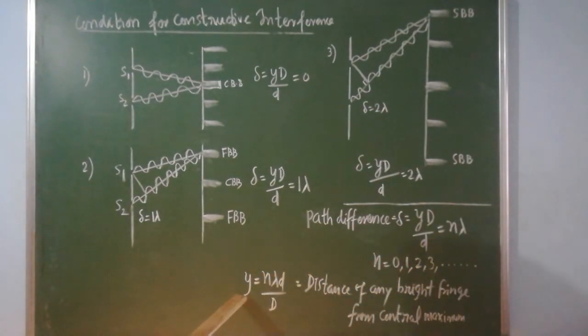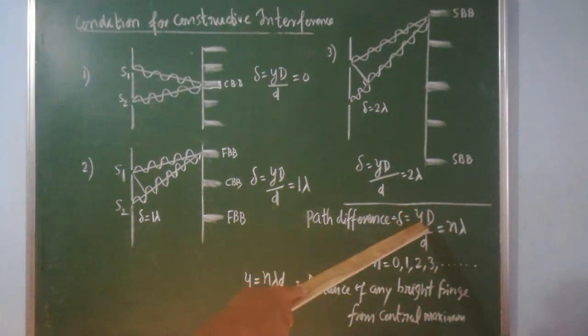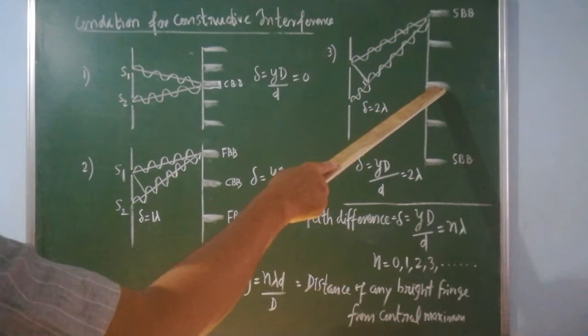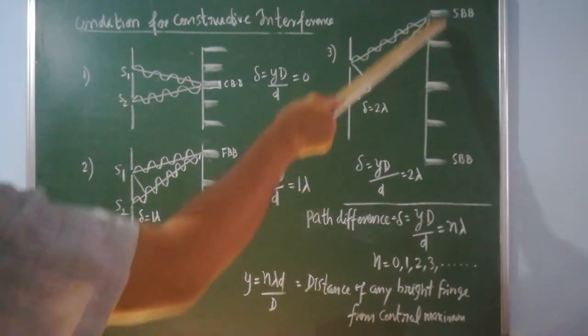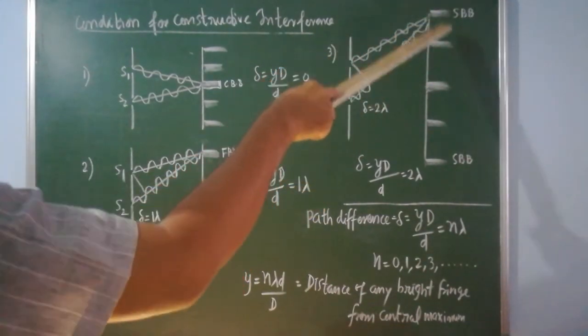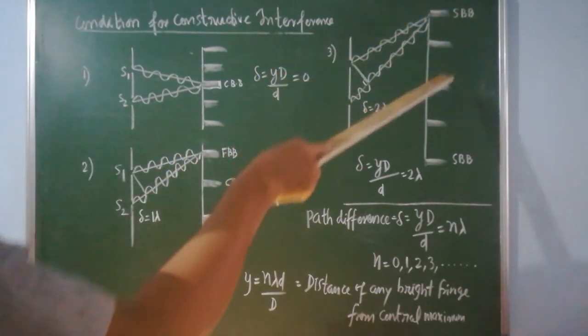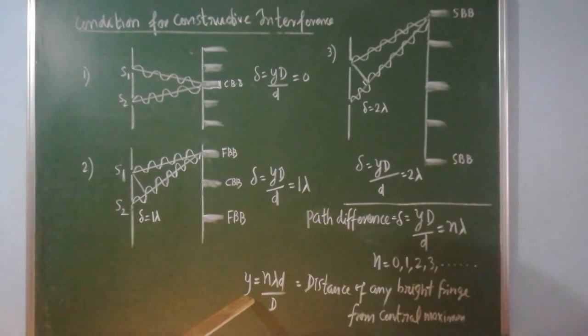Now look at the expression. Here y is the unknown. To get y, what is y? From the central maxima, it is the distance to any maxima: first band or second band or third band. Is it clear? To get the distance y, we can use this expression only in the case of bright fringes.